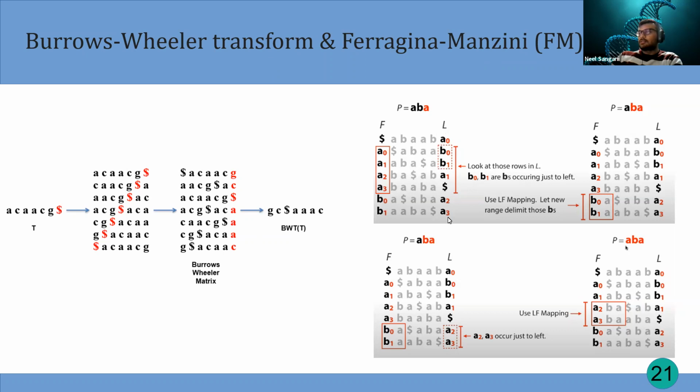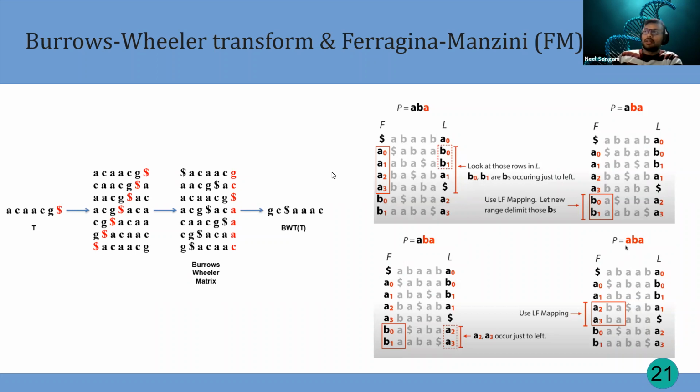So L is actually our genome, and F is the reverse index. F is the primary read, and it's trying to back index. You can watch a YouTube video on this, and it's better explained there if you want to get into that.